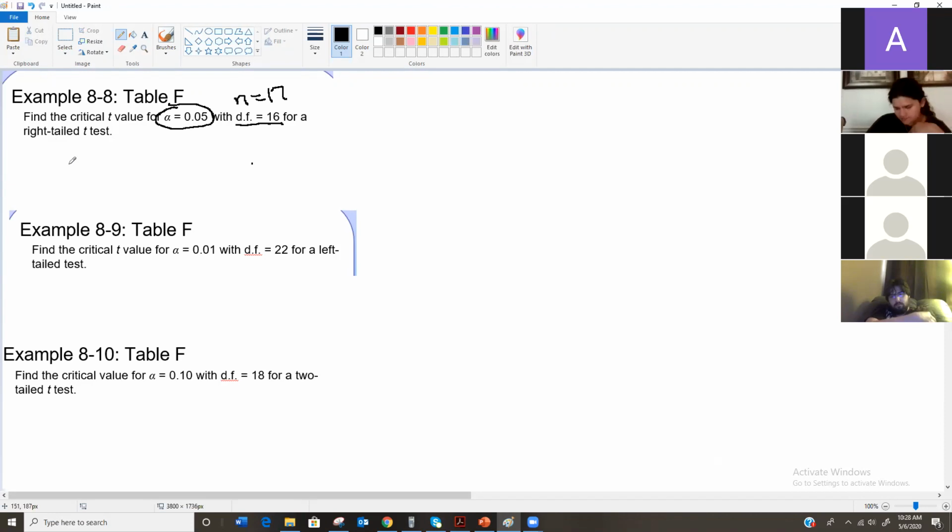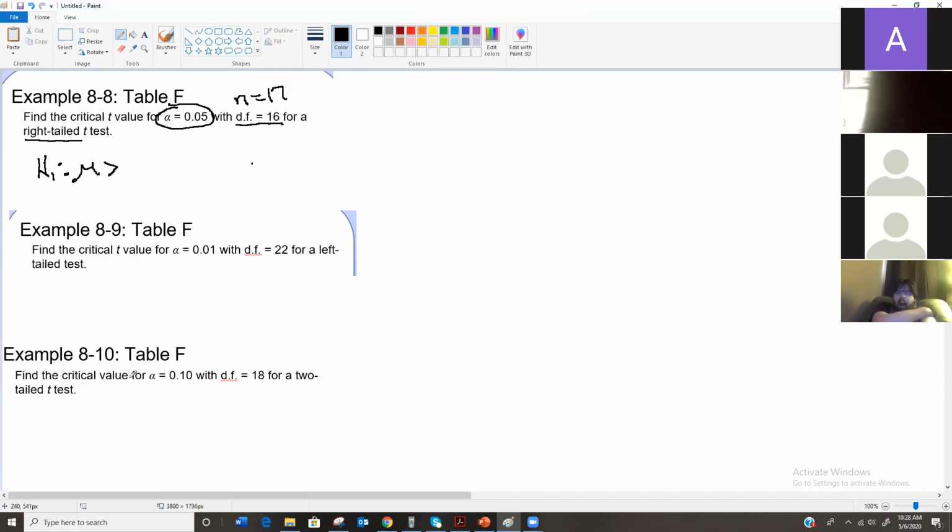And if it's a right-tailed test, what was the alternative hypothesis? I'm just looking for, was it less than, greater than, or not equal to? Greater than. Greater, yep. So they don't tell us that in this problem, but in the original problem, if we were looking up alpha 0.05, degrees of freedom 16, right-tailed test, that means our sample size must have been 17, and we must have had a greater than in our alternative hypothesis.